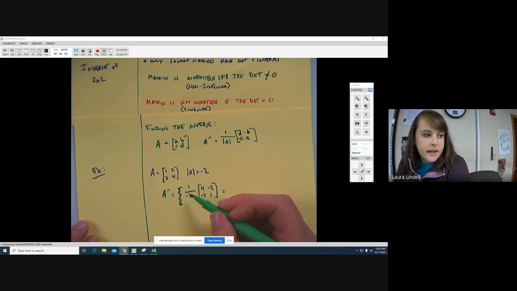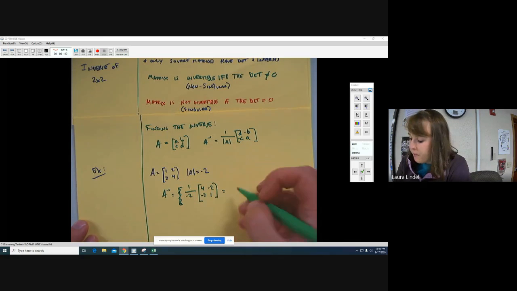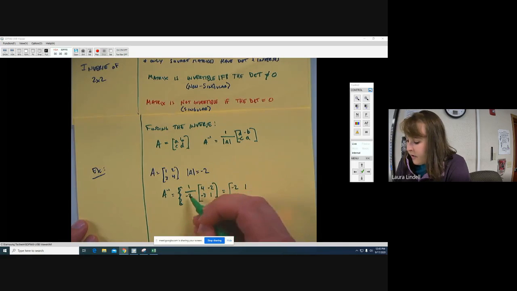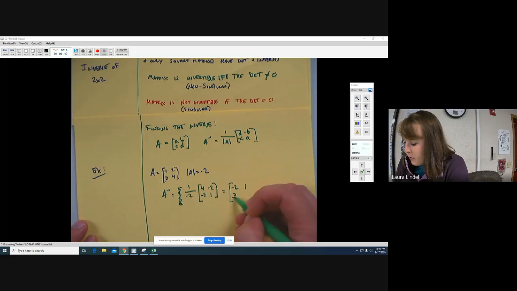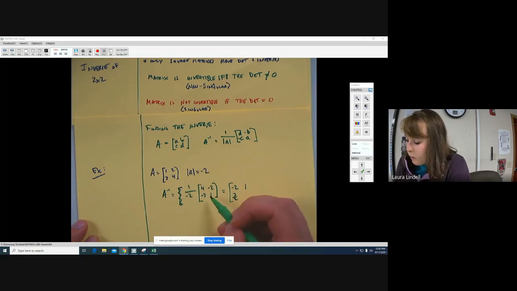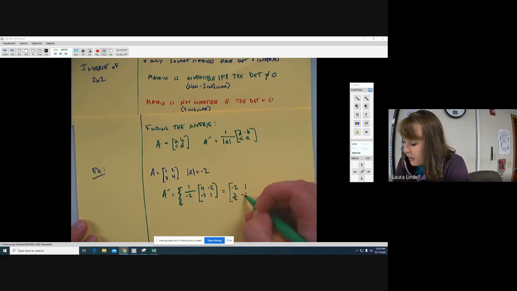So we're just basically taking and dividing all of the terms by 2. So it becomes 4 divided by -2 is -2. -2 divided by -2 is +1. -3 divided by -2 is 3 over 2, or 1.5. And then 1 divided by -2 is -1/2. So this would be our inverse matrix.